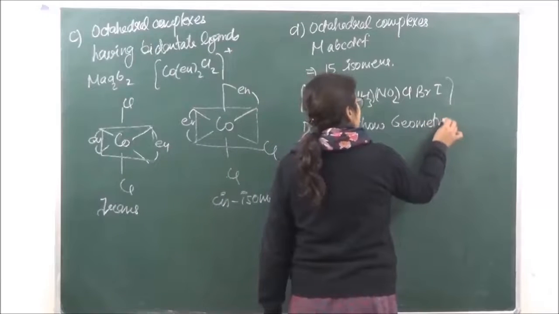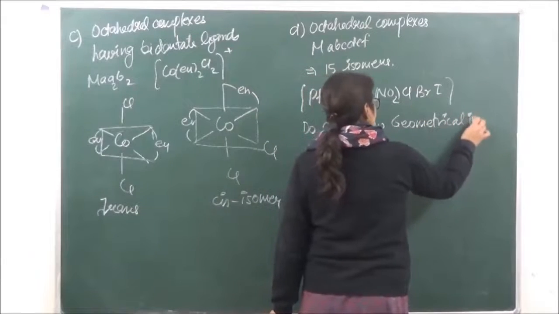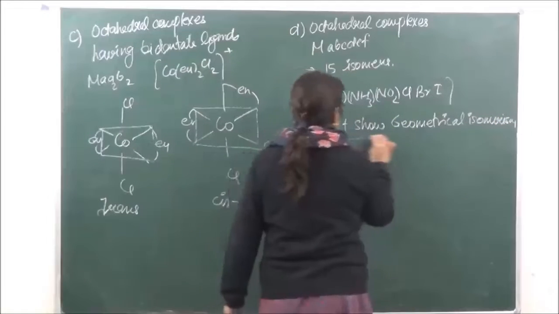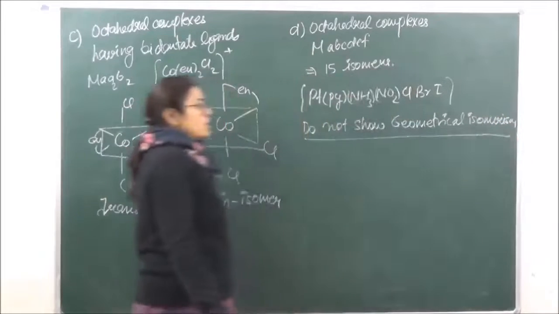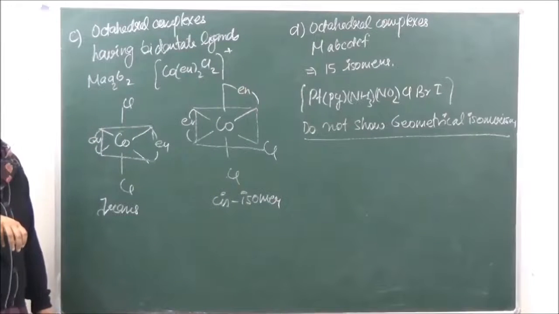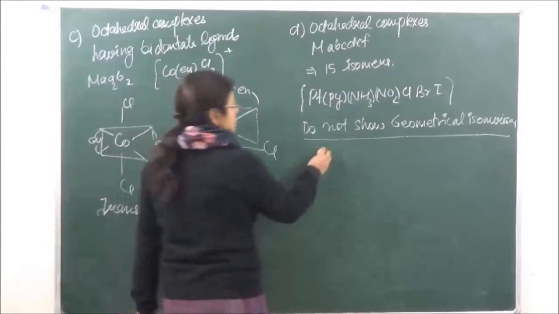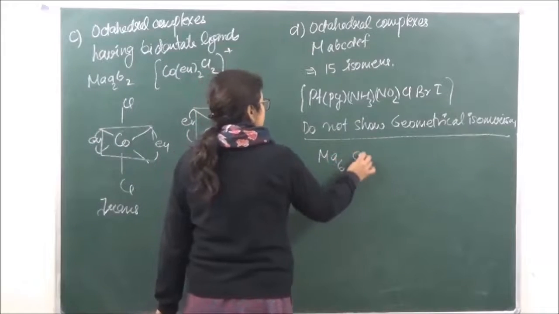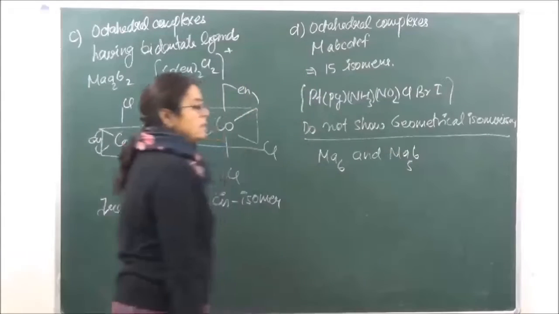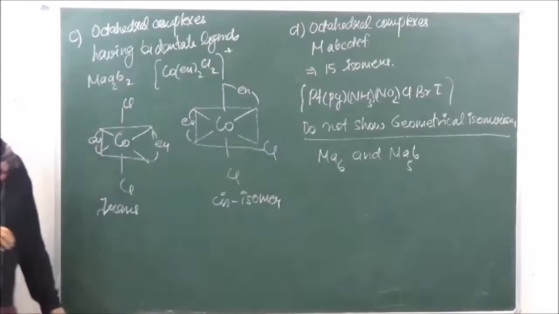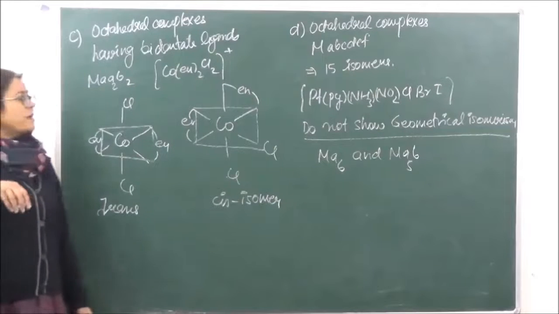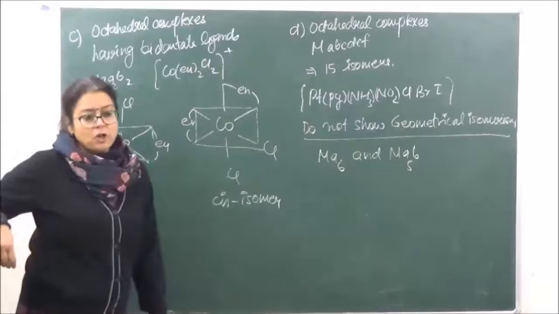Octahedral complexes which do not show geometrical isomerism are going to be Ma6 and Ma5B. These are not going to show geometrical isomerism. Is it clear? So this is the geometrical isomerism in square planar and octahedral complexes.